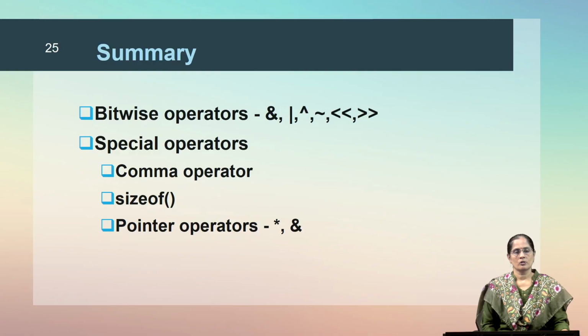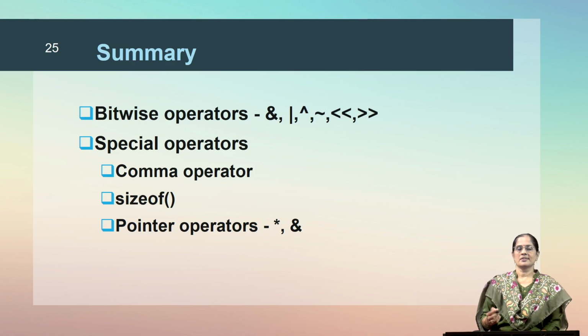We have also learnt about the special operators, on which we have seen examples with respect to the comma operator, sizeof operator and pointer operators. These three operators are considered to be special operators in the C language. I hope we have learnt and understood the bitwise and special operators in this module very well. Thank you so much.